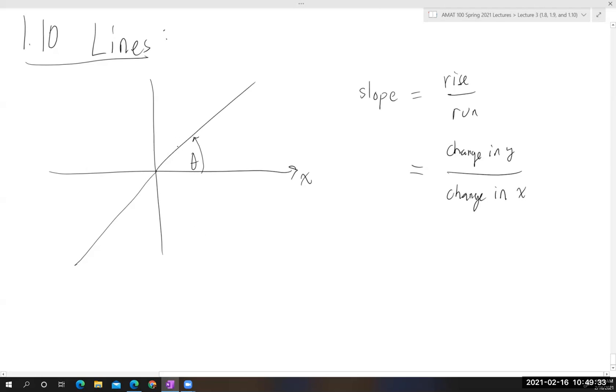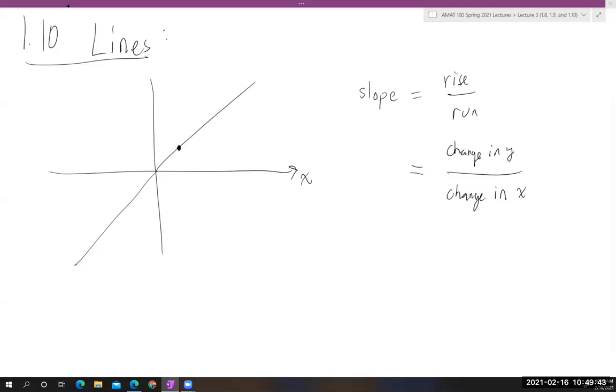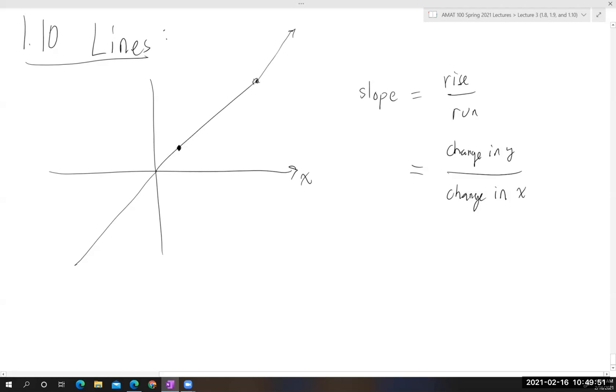So if you take 1 point on the line, and you take another point, you can calculate the slope.